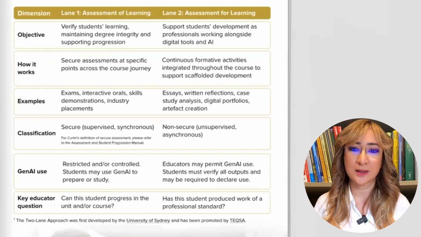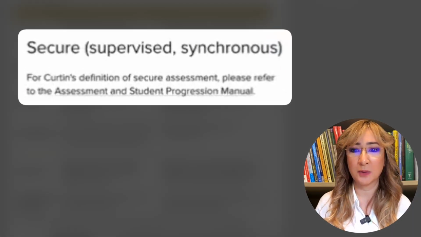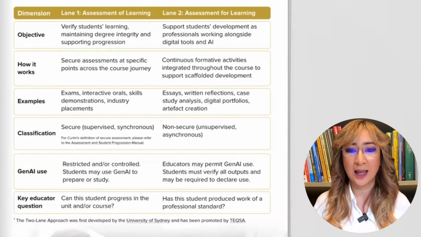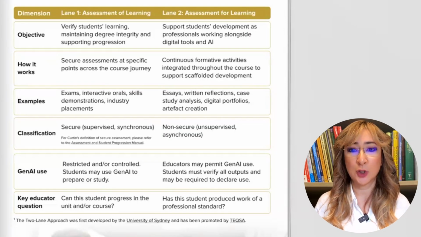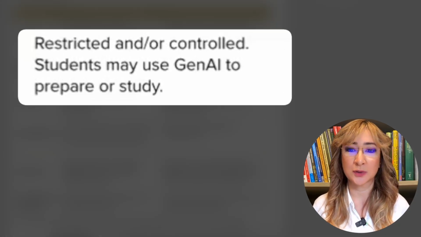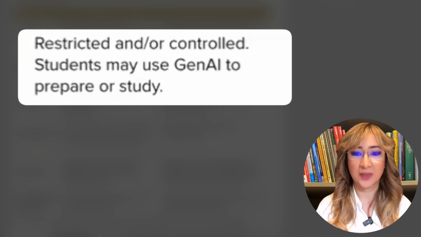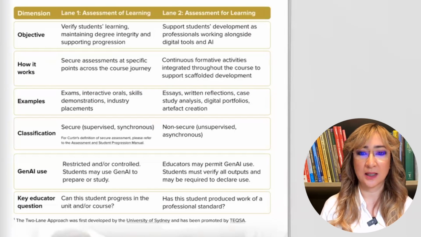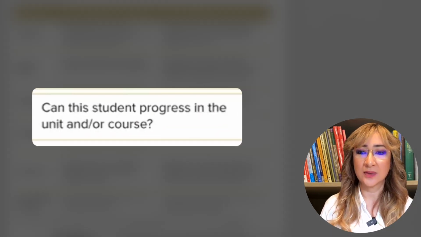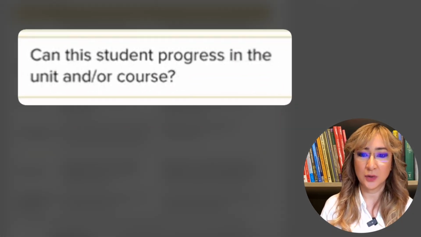Classification: the lane 1 assessment is secure, supervised, and synchronous. And then for Gen AI use in a lane 1 assessment, it says restricted or controlled. So students may use Gen AI to prepare for that study. And the key educator question is, can the student progress in the unit and/or in the course?